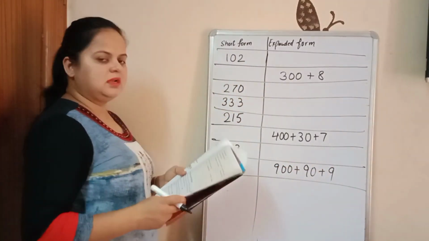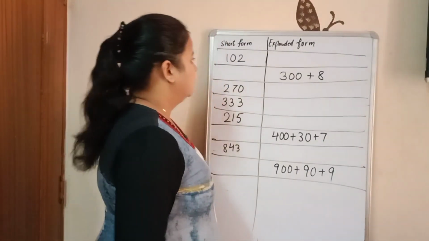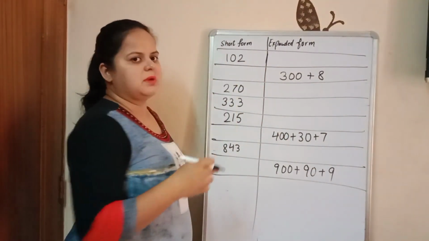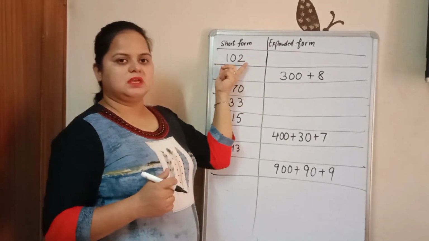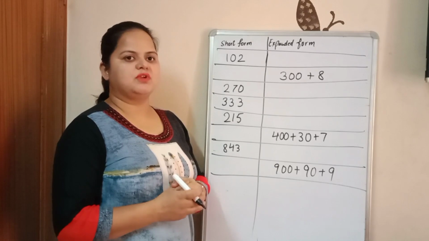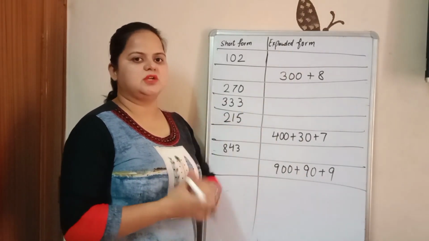This kind of table is in your book. Now you all know about the short form and expanded form. Short form is based on face value of numbers and expanded form is based on place value of numbers.